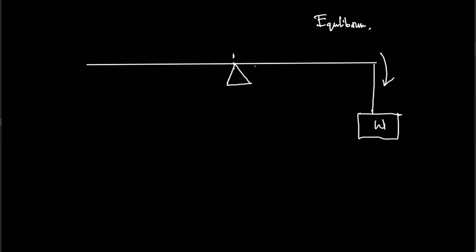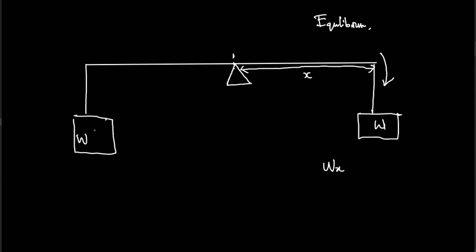The weight times the distance from the weight to the fulcrum. Let's just call this distance x. The moment here is going to be what? Wx. To balance this, we have to put another weight of equal mass here.